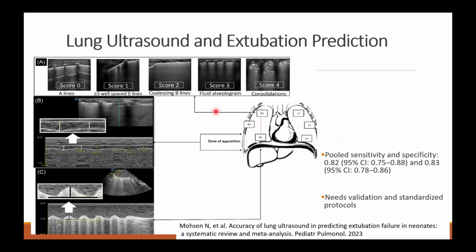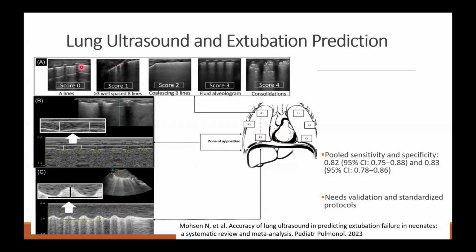Extubation readiness can be assessed based on lung aeration, presence or absence of lung edema or consolidation, and additional parameters like diaphragmatic thickness fraction or excursion can be used to determine the sensitivity and specificity.